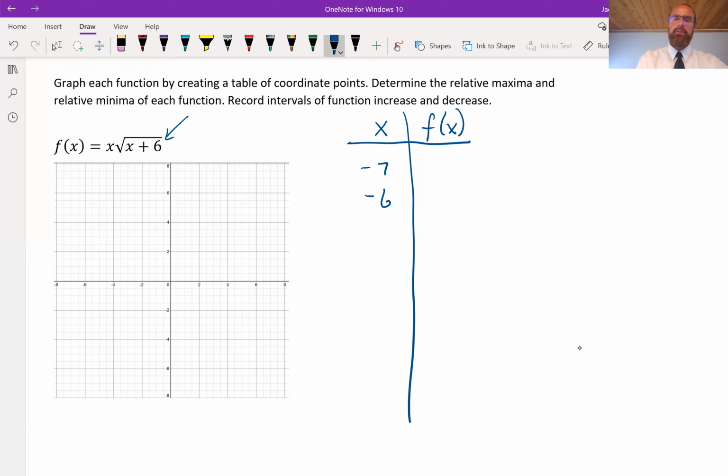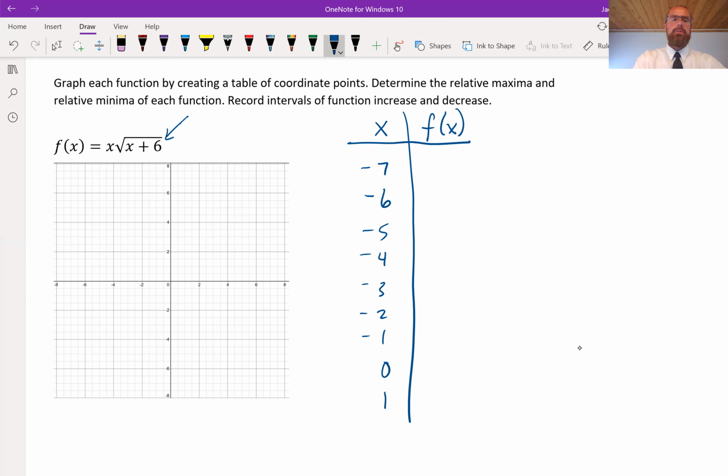So -7, -6, -5, -4, -3, -2, -1, and 0. And we'll go to 1. So definitely, let's calculate this one by hand. It looks like it's easy enough that we could calculate by hand, at least these first couple values.